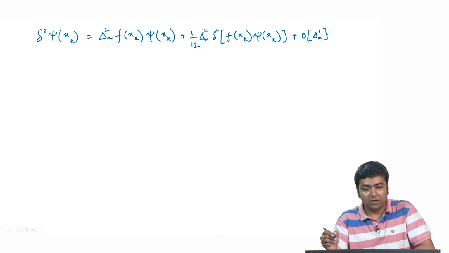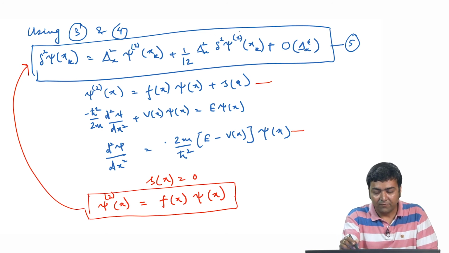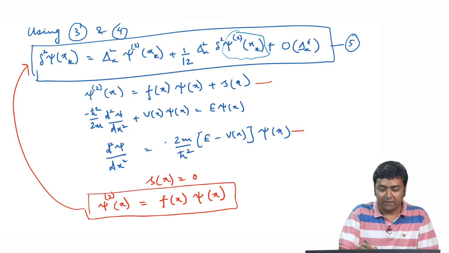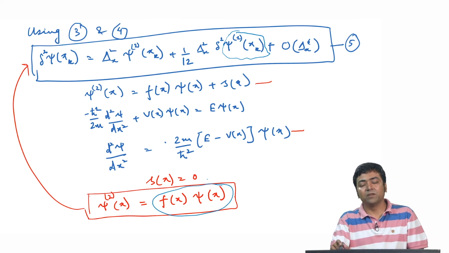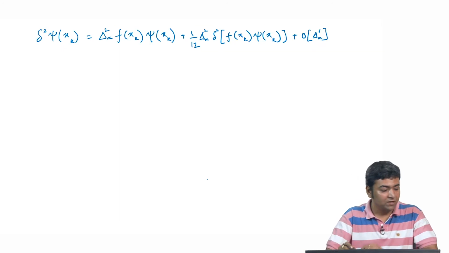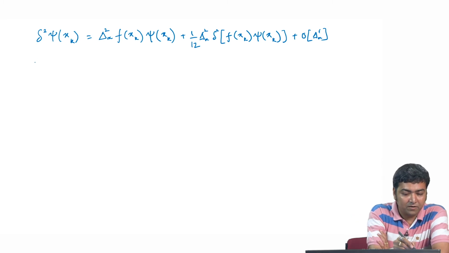So, what I have done here is, instead of the second derivative of psi, I have plugged in this value f(x) psi(x), which I get from my original differential equation.